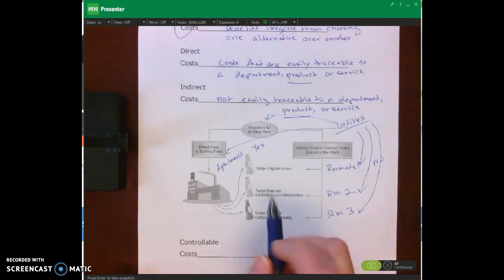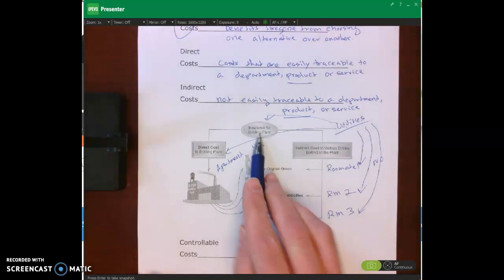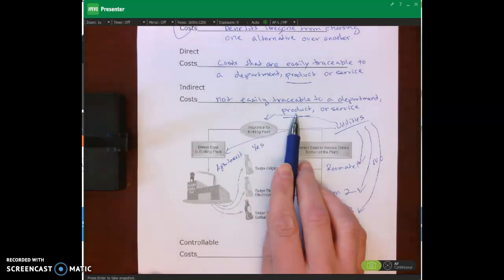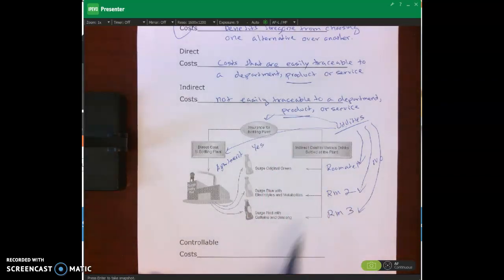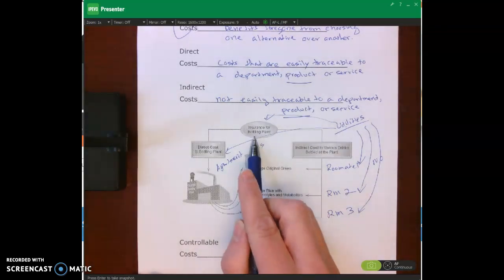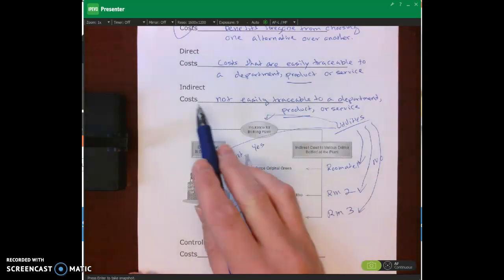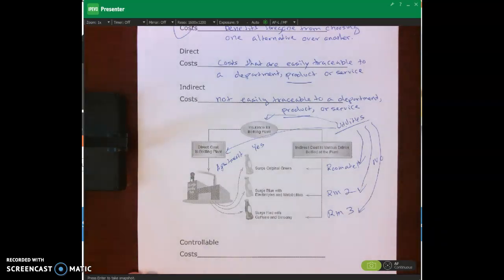That's why insurance on the bottling plant is indirect here, because it's not easily traceable to the products that we make. So we would classify this as manufacturing overhead, which is something we'll talk about soon. And it's an indirect cost because it's not easily traceable to the product that we make.